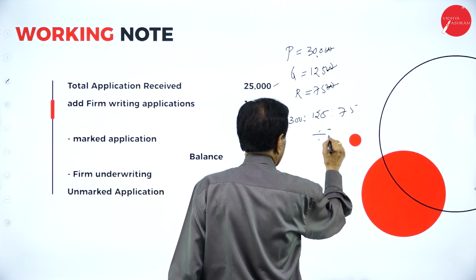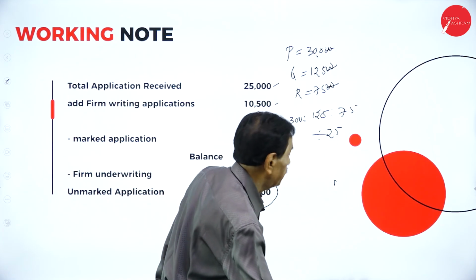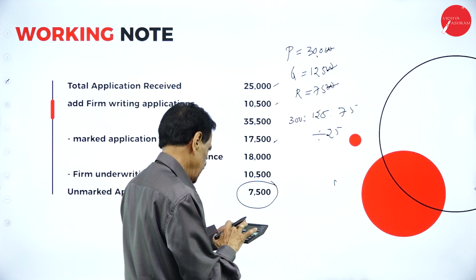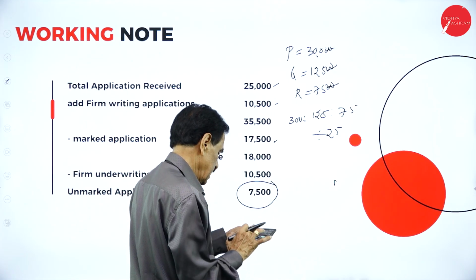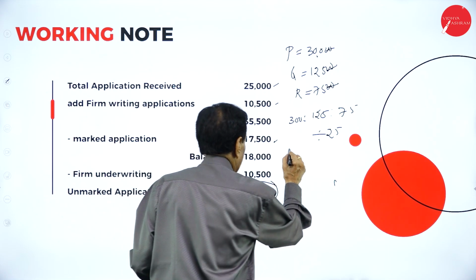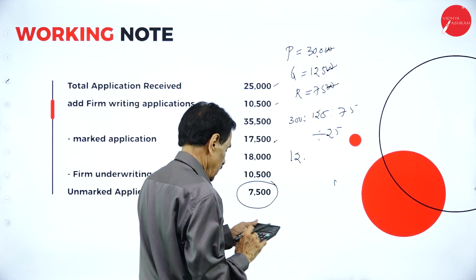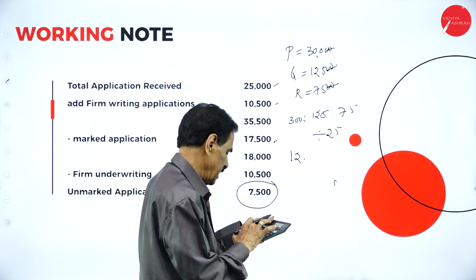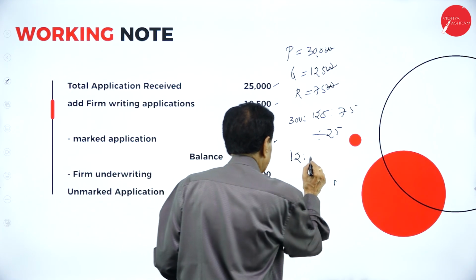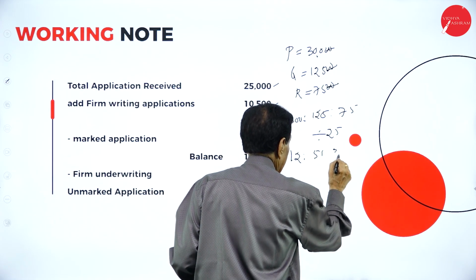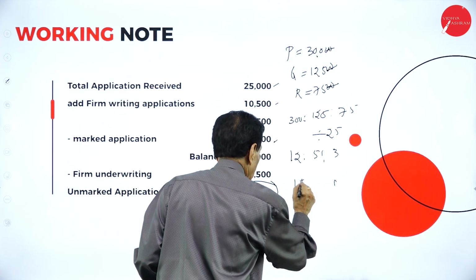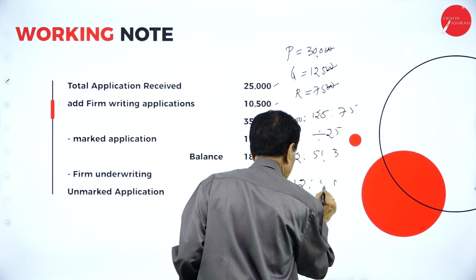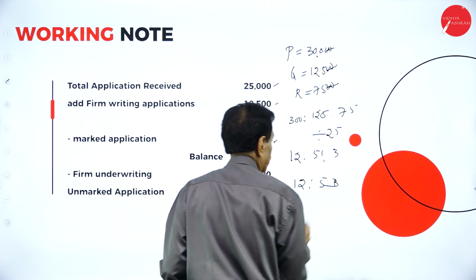Divided by 25: 300 divided by 25 is equal to 12. 125 divided by 25 is 5. 75 divided by 25 is 3. So the ratio is 12 is to 5 is to 3.